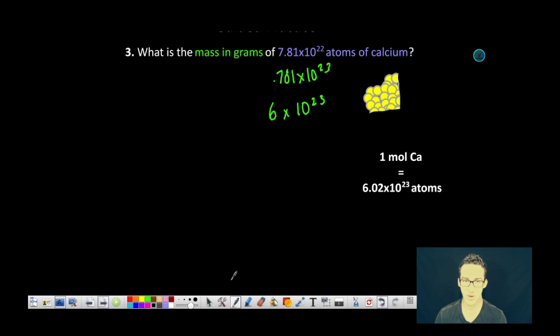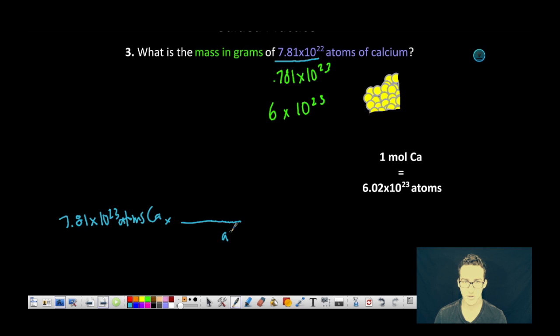Okay, time to tackle this problem. As we take a look here, how would we solve this using the calculator? We're going to start with the amount that we're given in the problem: 7.81 times 10 to the 23 atoms of calcium. We can't go directly to grams.